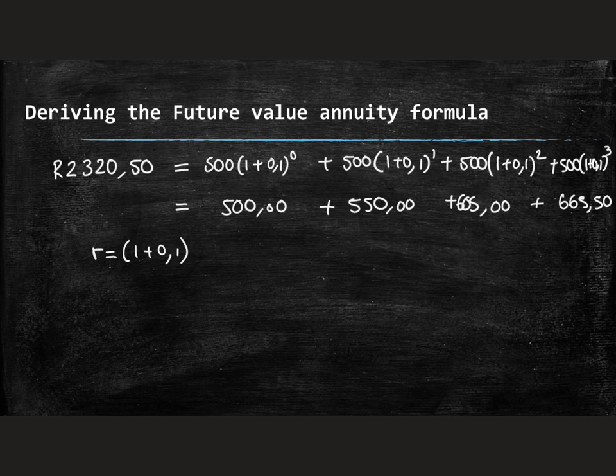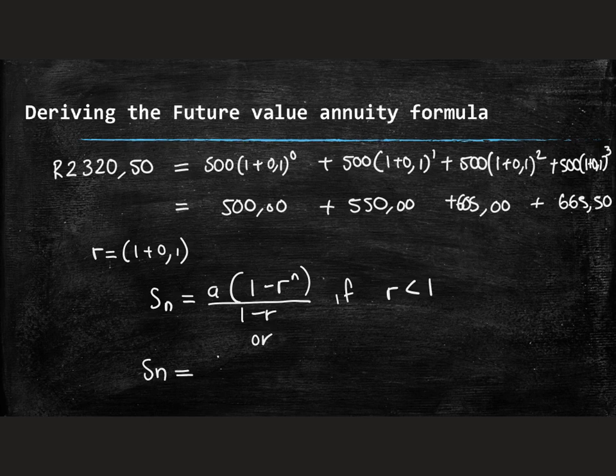If we have a common ratio, we know we could use this formula: S of n equals a times (1 minus r to the n) over (1 minus r), if r is a fraction, or S of n equals a times (r to the n minus 1) over (r minus 1), if r is greater than 1. Well, we can see that this ratio, this number inside this bracket, is going to be bigger than 1.